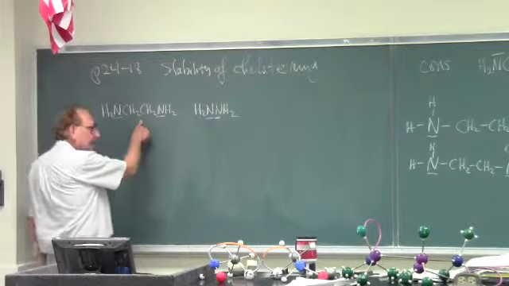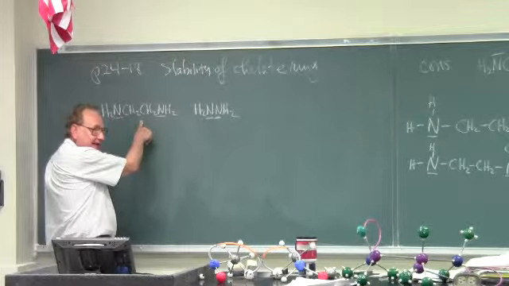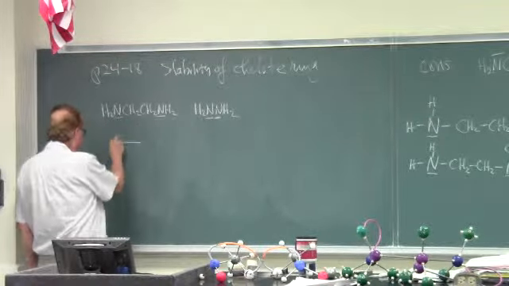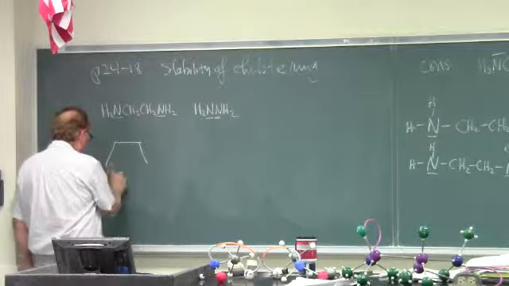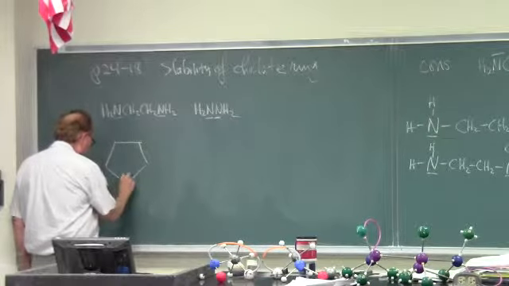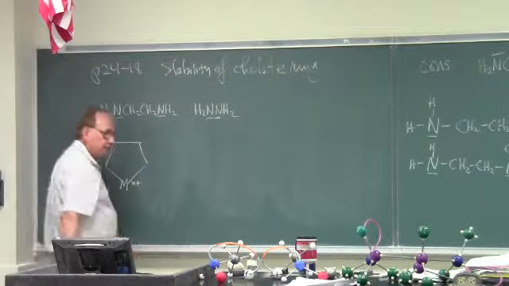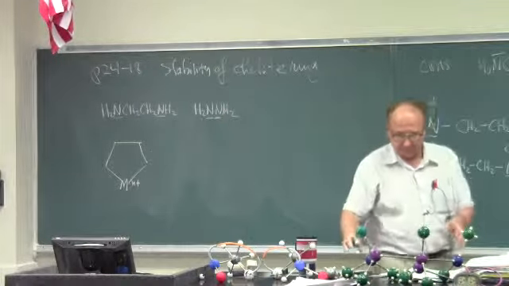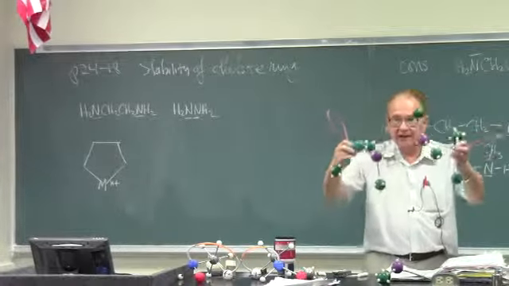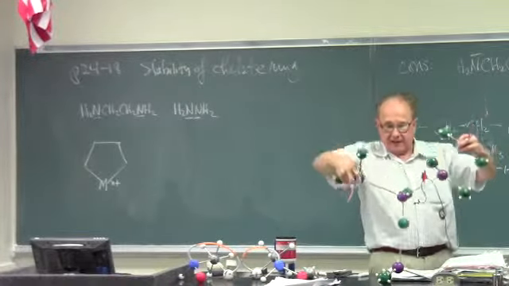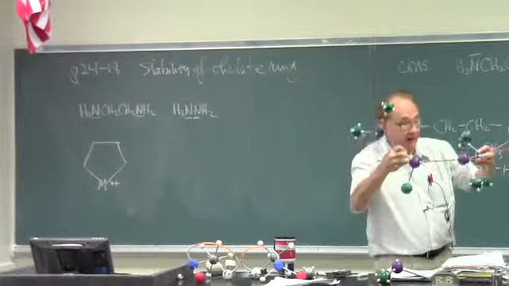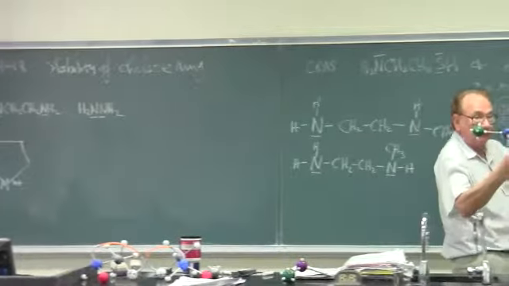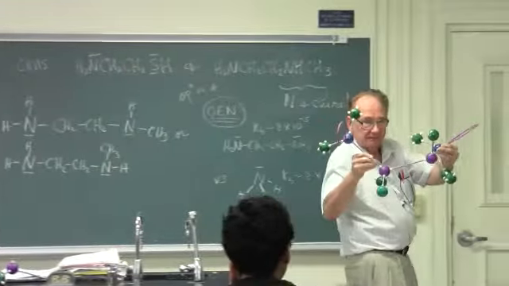Now, when this does its chelating thing, you get a 5-membered ring. So regarding that 5-membered ring, we had a model of the ethylene diamine molecule, like this.